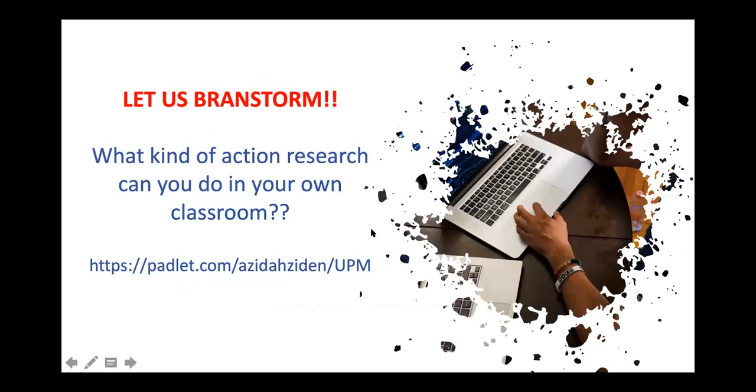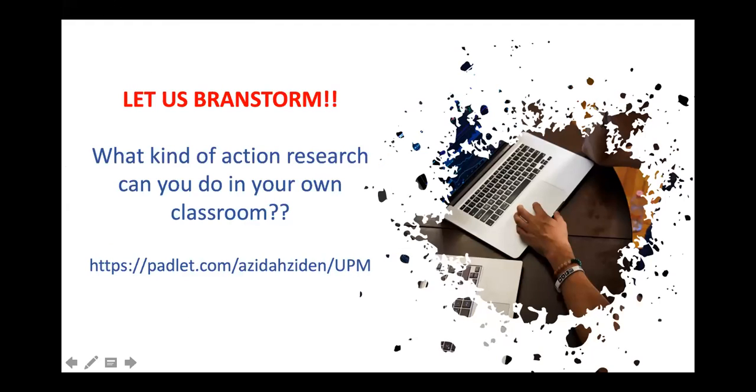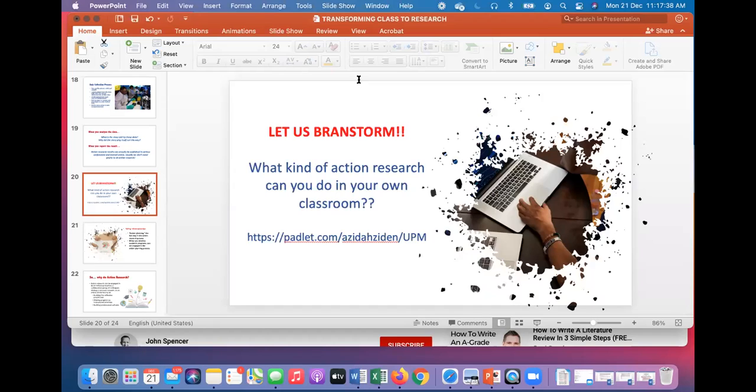Okay. So, before we end, I want you to go to Padlet, padlet.com Azidah Ziden /UPM. Okay, you go here. Okay, this one. Alright. I go there for a moment. Let's brainstorm. Today I would like you all to brainstorm what kind of action research you can do in your own classroom.